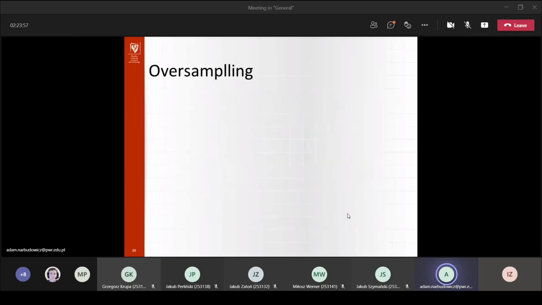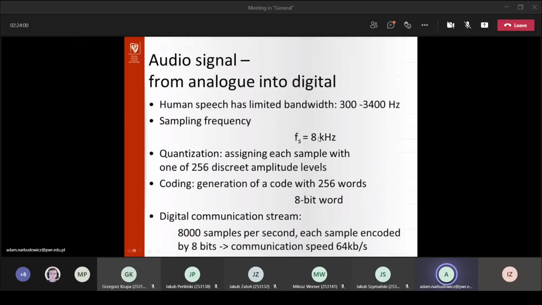All right, and going back to the previous equations, hopefully you can see that I use here 8 kilohertz, but if I would like to further increase the sampling frequency to, let's say, 10 kilohertz, right? Well, basically what happens is with 10 kilohertz, I need more bits. So from 64 kilobits per second, I would move on, let's say, to 80 kilobits per second if we assume 10 kilohertz.